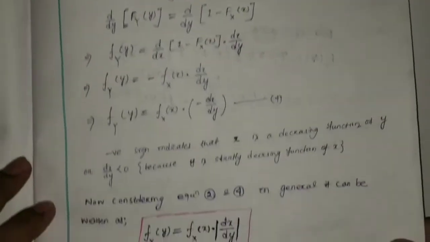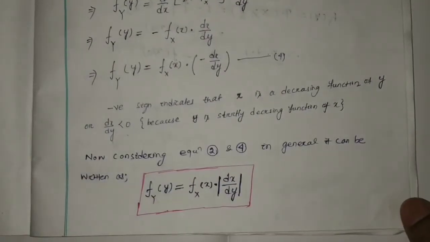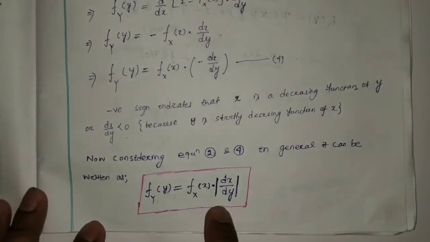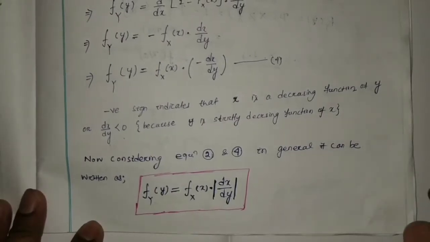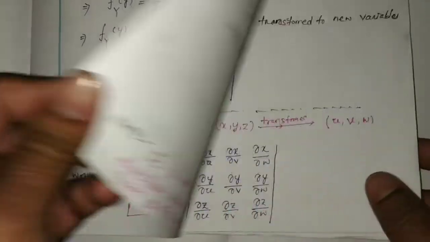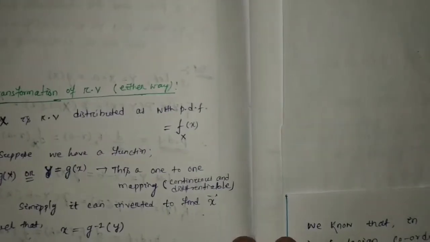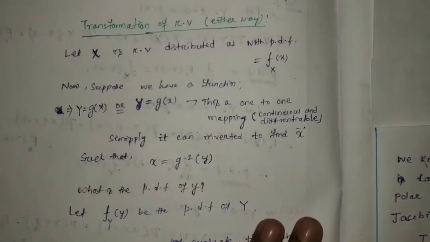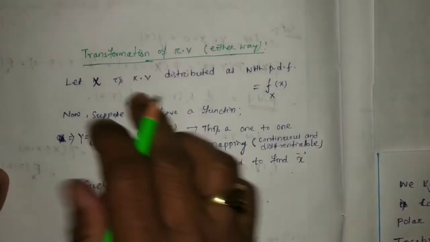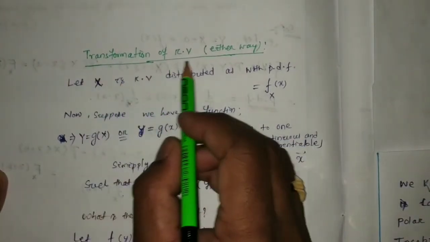We have proved this by considering monotonic increasing and decreasing functions. And whatever we have proved can also be proved in another way. Okay, you just put the heading: transformation of random variable.